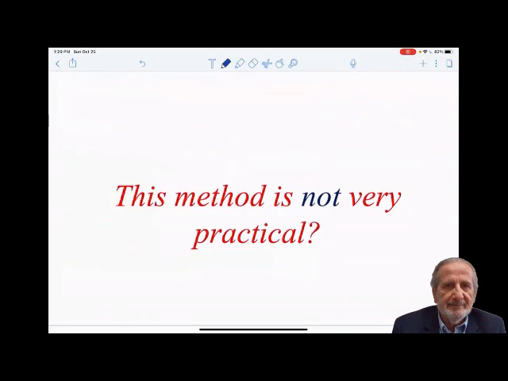Now this method is obviously not very practical, but it does work, especially if you have a large number of variables. But we're going to introduce a method that is easier to use for small sizes of variables.